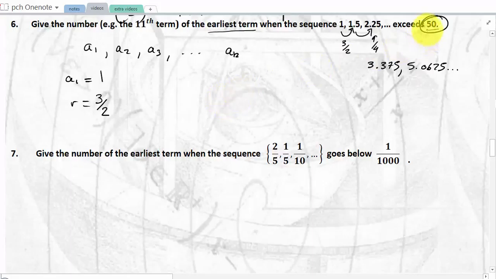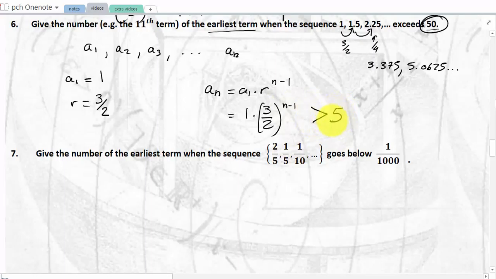Now, how am I going to do this? Well, that's pretty simple. I want to know a_n that will be above 50. a_n is a1 times r to the power of n minus 1. What is a1? It is 1. So it is 1 times (3/2) to the power of n minus 1. And I want to know when this is going to be above 50.